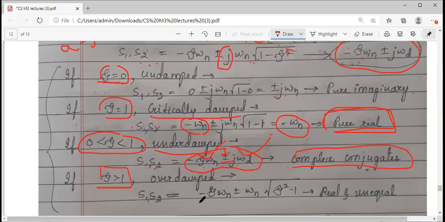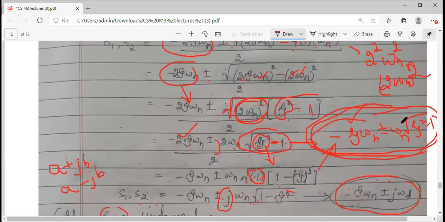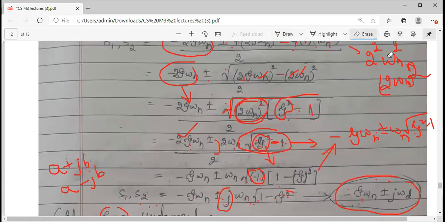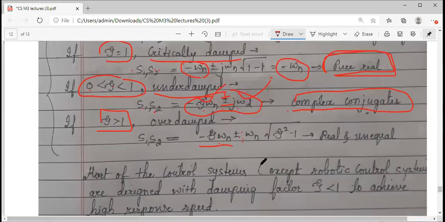So what will I get? Minus zeta wn plus or minus, here j will not come. There is no j term. You can see, as it is, minus zeta omega n plus or minus wn root of zeta square minus 1.